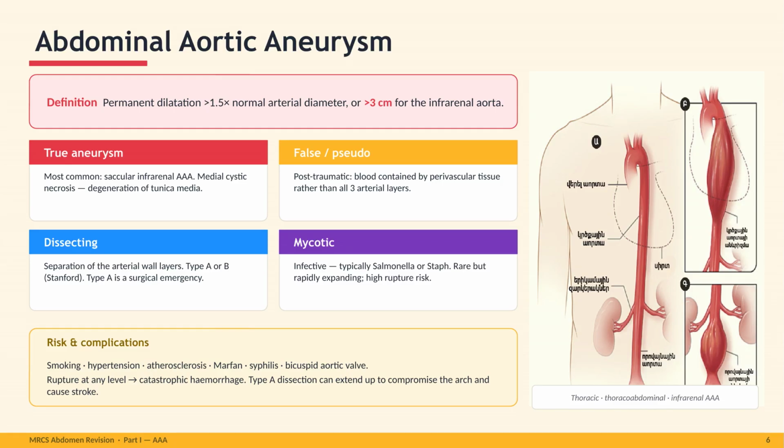Risk factors: smoking, hypertension, atherosclerosis, Marfan syndrome, syphilis, bicuspid aortic valve, and the catastrophic complication rupture at any level, particularly devastating with type A dissections that extend up to compromise the arch and cause stroke.